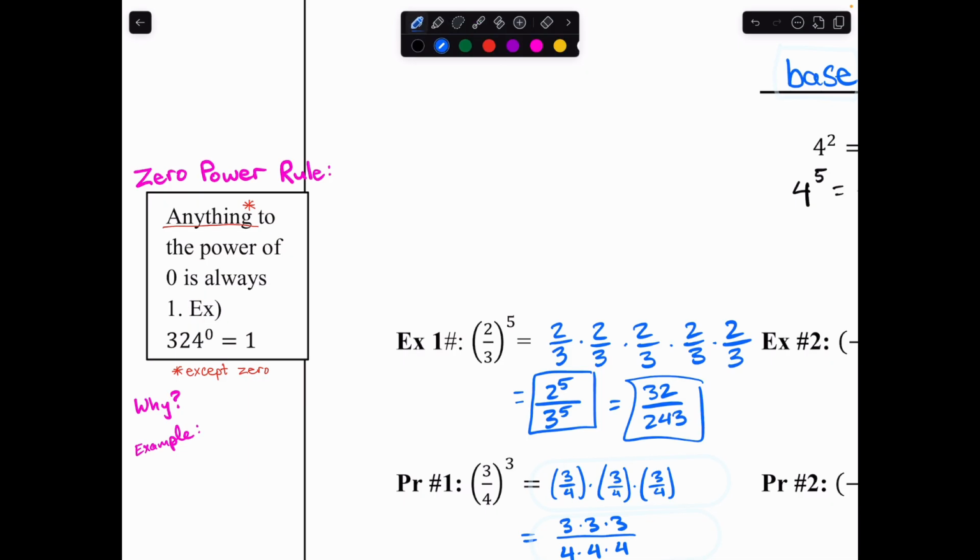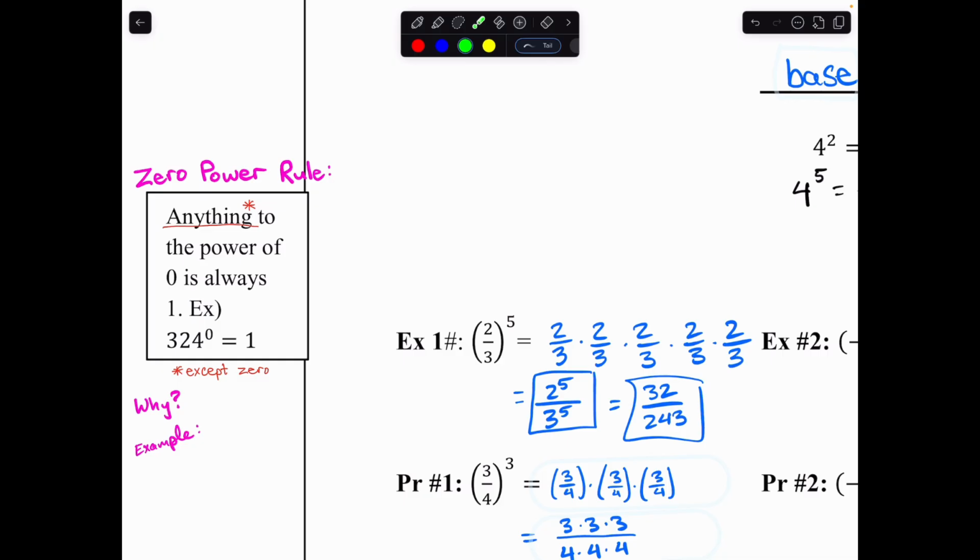And I'll be honest, I need you to put a caveat on that. We have some fine print. This anything really means anything except 0, right? You're not allowed to take 0 to the power of 0 because it ended up being dividing by 0. I'll show you why.